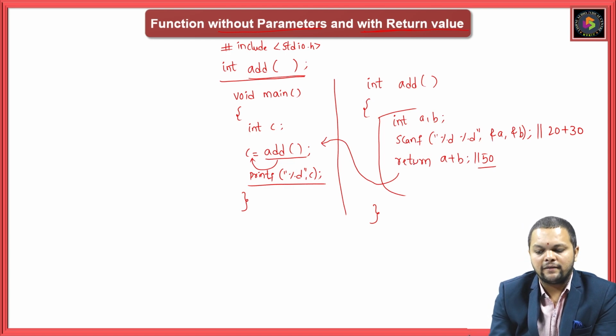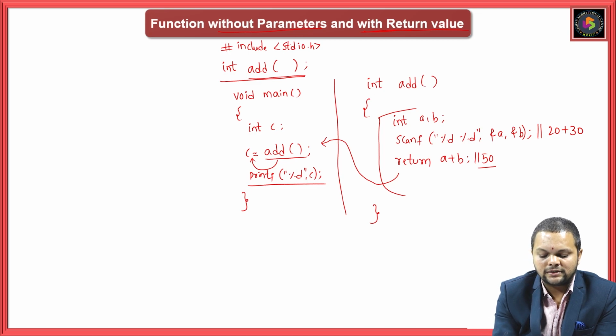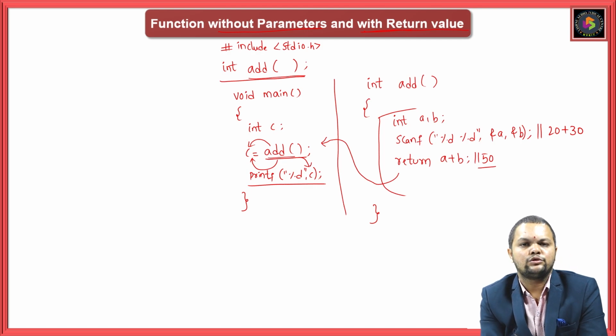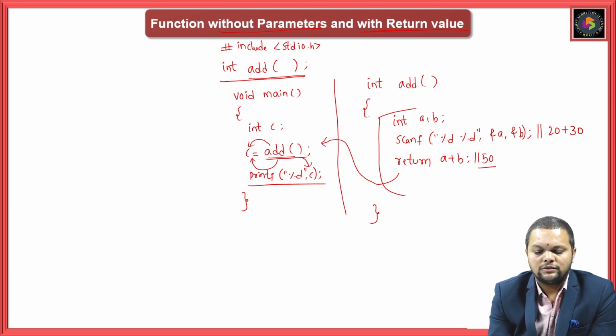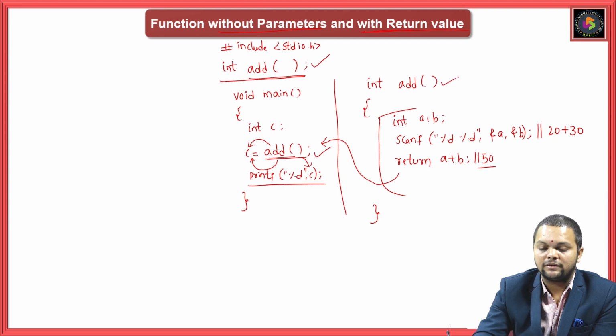We are returning a value from this function and we are catching that value using c and printing c. You need not write c and print c; you can directly give add here itself. Not a problem. So this is your function declaration, this is your function call, this is your function definition.